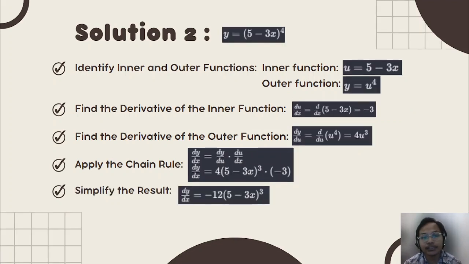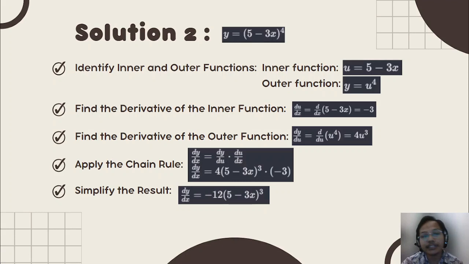And then moving on to solution number 2. Identify the inner and the outer function. The inner function is u equals 5 minus 3x, and the outer function is y equals u^4. Then we need to find the derivative of the inner function. du/dx of (5 - 3x) equals negative 3.